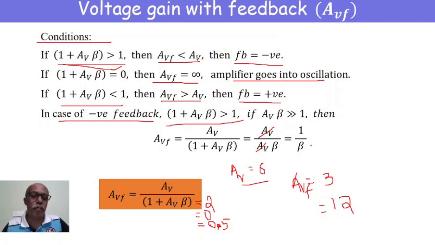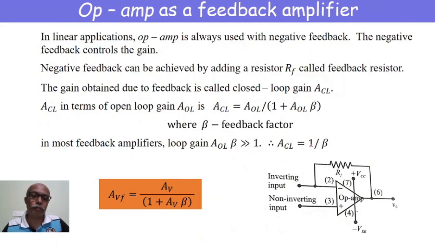Now, in this slide we are discussing the op-amp as a feedback amplifier, the op-amp working as a feedback amplifier. In the linear applications of op-amp, it is always used with negative feedback.